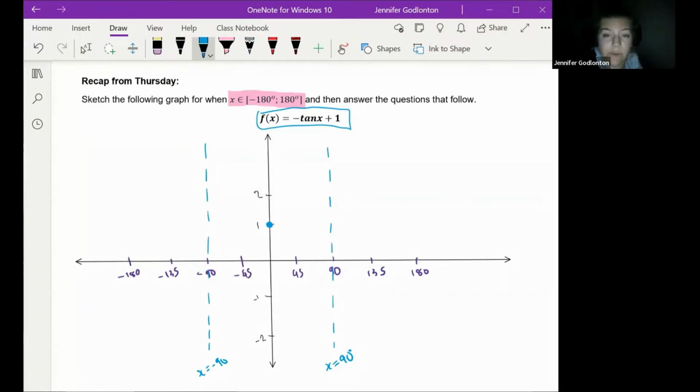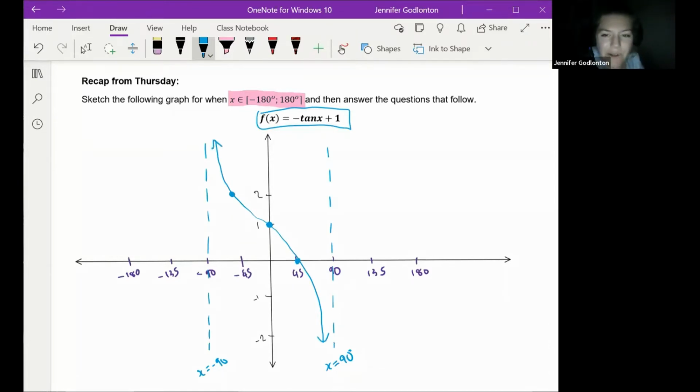I'm hoping that you also found that. Okay. And at 45 degrees, our coordinate was actually at 0. And at negative 45 degrees, our coordinate was at 2. Hopefully this sounds like what your graphs were looking like. And what our tan graph would look like is that.